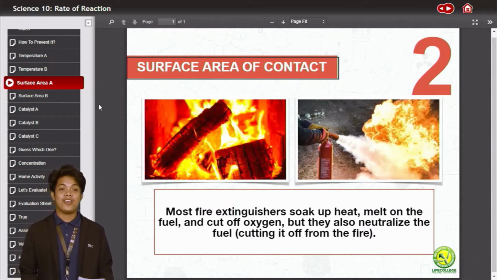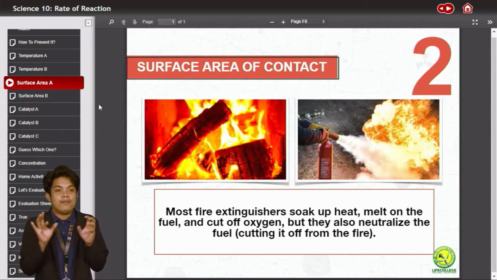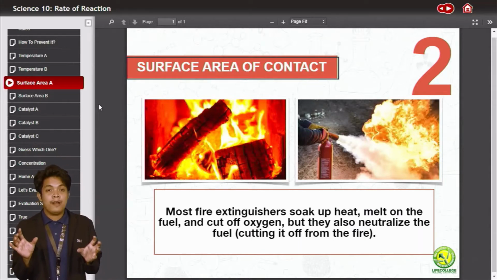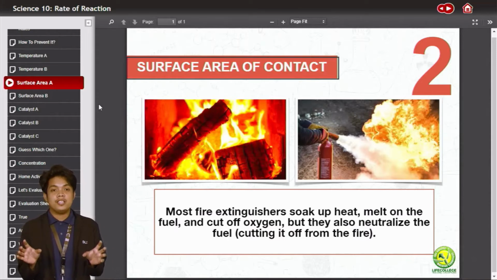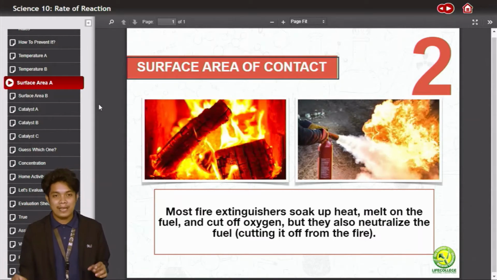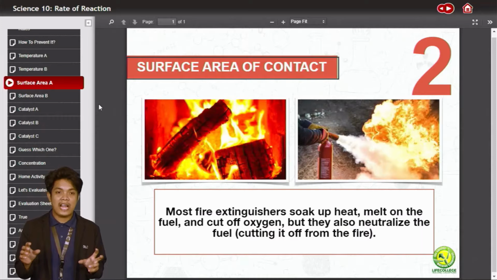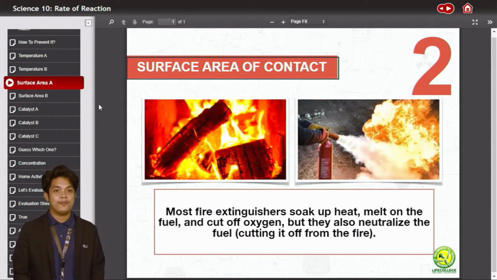Most fire extinguishers soak up heat, smother the fuel, and cut off oxygen, but they also neutralize the fuel, cutting it off from the fire. So the primary purpose of a fire extinguisher is to separate, or to decrease and then fully eliminate, the contact between the reactants, which are oxygen and the fuel.